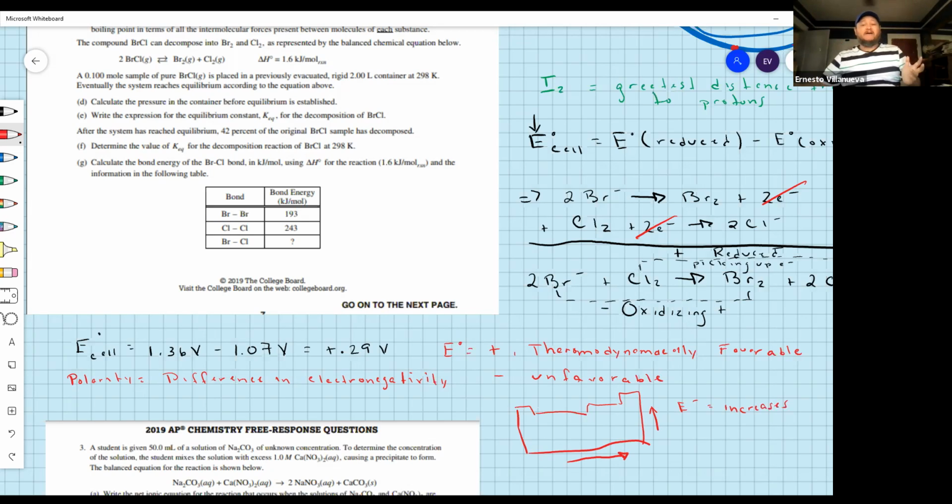When you have elements on this side bonded to a metal on this side, you have a huge difference in electronegativity. If you have a huge difference in electronegativity, then you have a very polar molecule. Oxygen, for example, is here and hydrogen is up here.